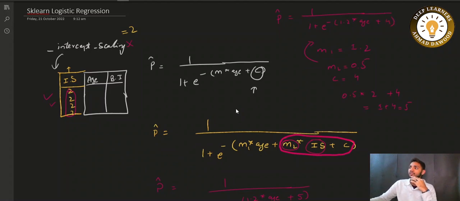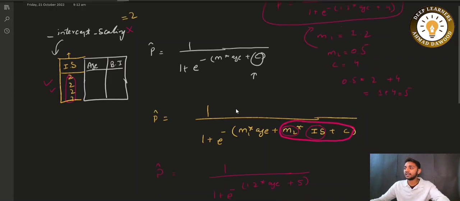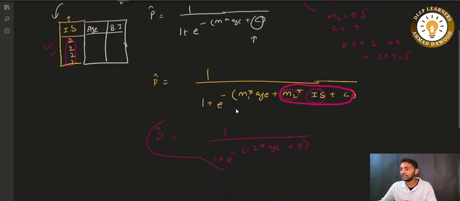Now you have seen that this is without intercept scaling and this is with intercept scaling. So you have scaled, or made your intercept value larger.